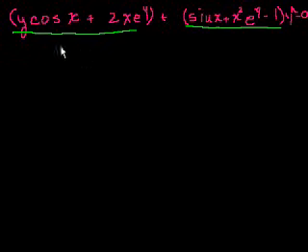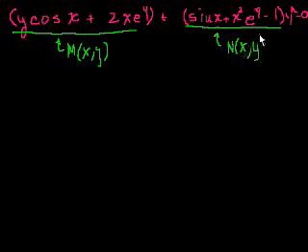So, if this is an exact equation, this is our function M, which is a function of x and y. And this is our function N, which is a function of x and y. Now, the test is to see if the partial of this with respect to y is equal to the partial of this with respect to x. So let's see.